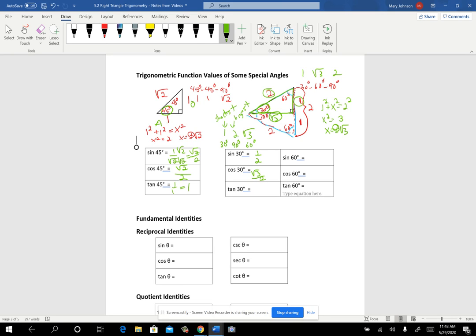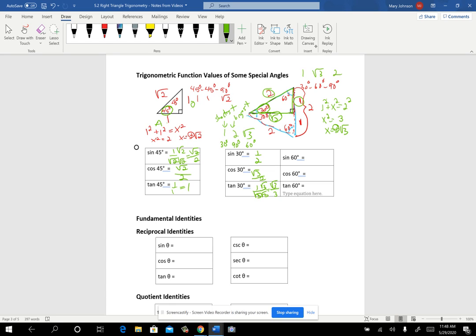And then for tangent, you have to do opposite over adjacent. So you have to make sure you're focused on that 30-degree angle. You'd get 1 over the square root of 3, but then you'd have to rationalize that one. And so it would become square root of 3 over square root of 9, which is just 3. So square root of 3 over 3.